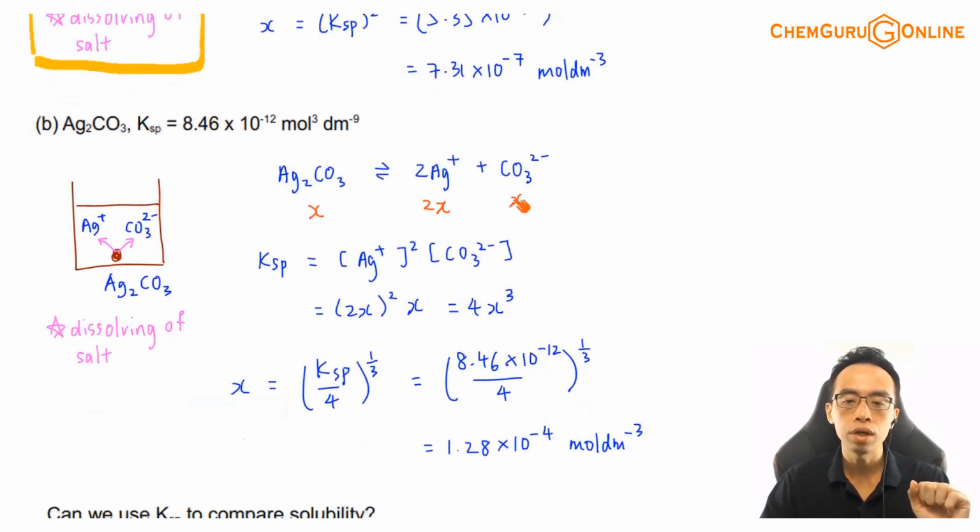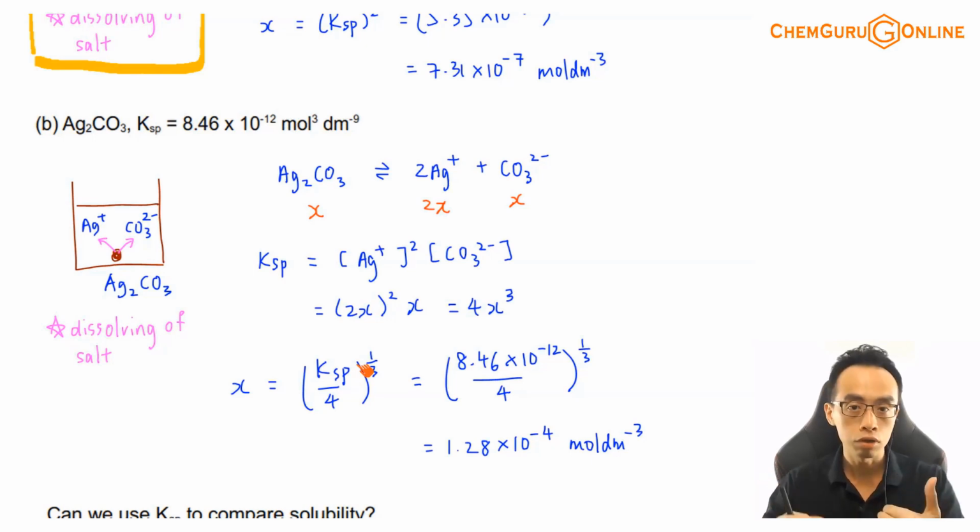Now, what if I have 3 ions in solution? Involving the second example, if I have 3 ions in solution, how do I do the conversion from KSP to solubility? This is a cube root, power 1 over 3. If I have 4 ions dissociated, then the conversion from KSP to solubility will be power 1 over 4. For 5 ions in solution, the conversion will be power 1 over 5.